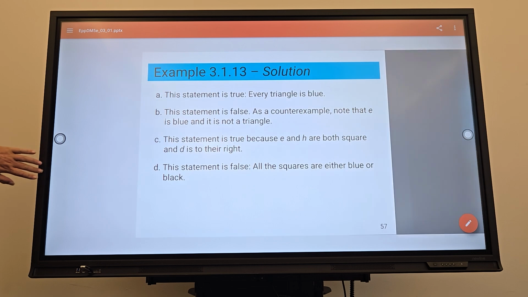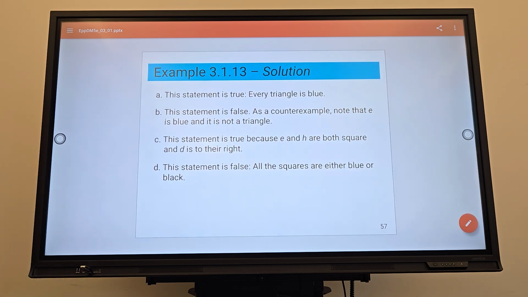It's just kind of a game that you can play. I invite you to go through all these after I post the slides this evening. The first statement is true because every triangle is blue. The second statement is false because E is blue and it's not a triangle. C is true, D is false, and so on and so forth.